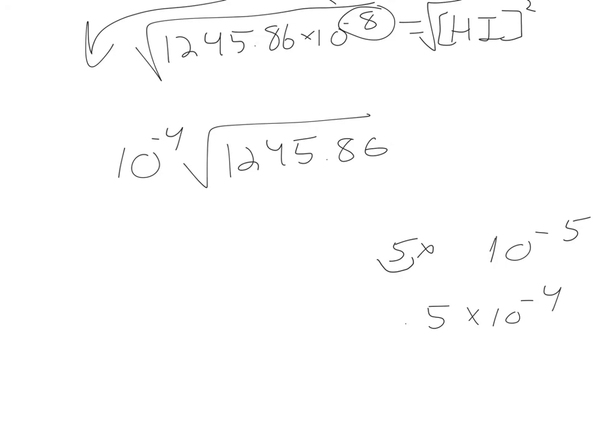I could take the square root of that because that's an even number. Because the square root of 10 to the minus 4 is just going to be 10 to the minus 2 times, and then I can take the square root of 0.5 in my calculator. The calculator can do that just fine. So the two methods I would recommend for this, if you don't put powers of 10 in your calculator, get yourself to an even power of 10 first and take that square root in your head.